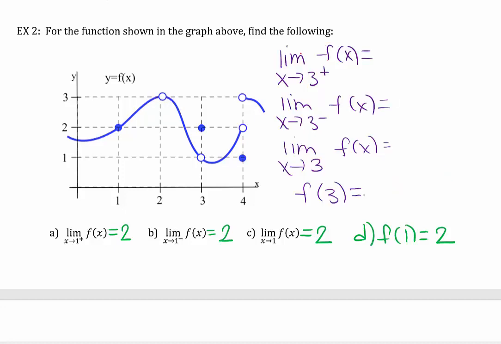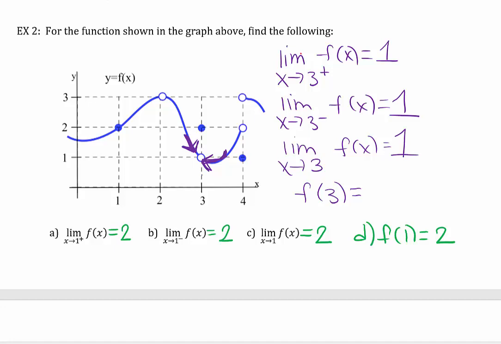Okay, what happens at x equal 3? Well, as I approach x equal 3 from the right, the y values approach 1. If I approach from the left, the y values also approach 1. Because those two numbers are the same, the two-sided limit is also equal to 1.